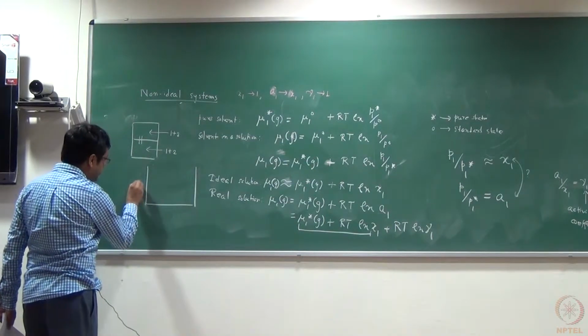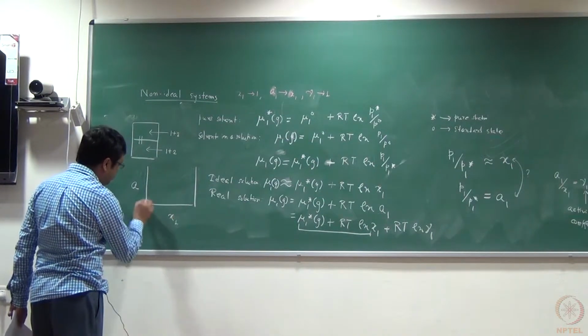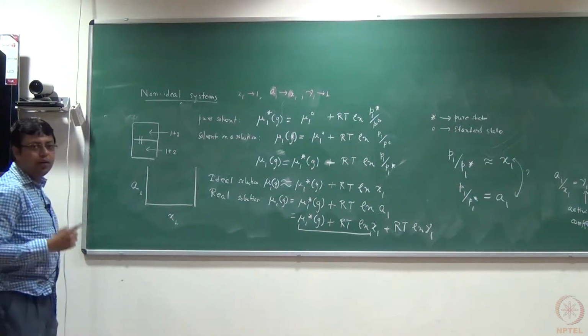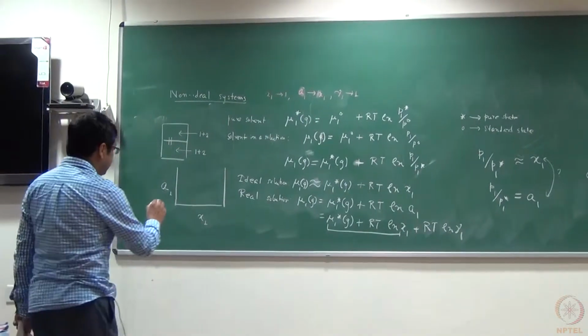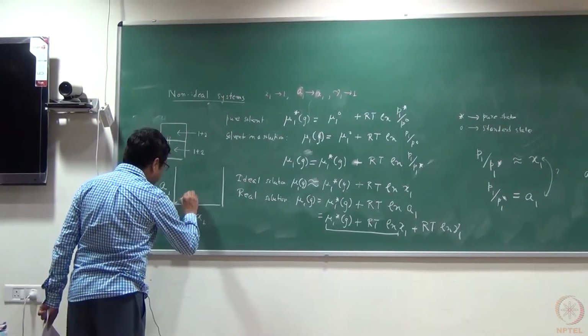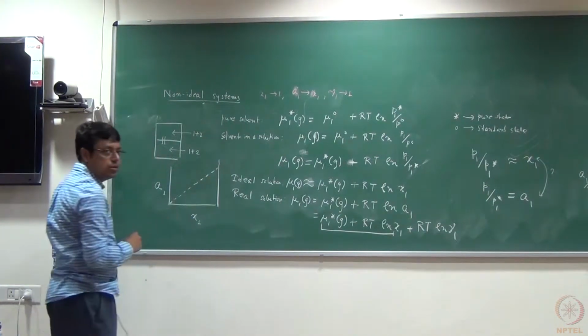So when I'm plotting the activity versus the mole fraction, when x1 is equal to 1, or x1 is close to 1, this is basically the ideal situation.